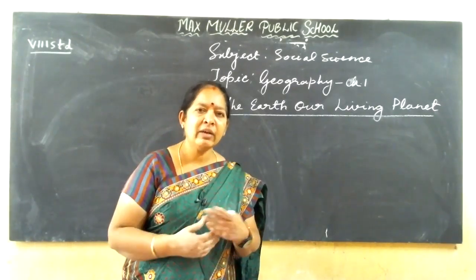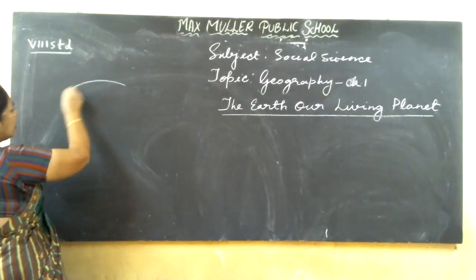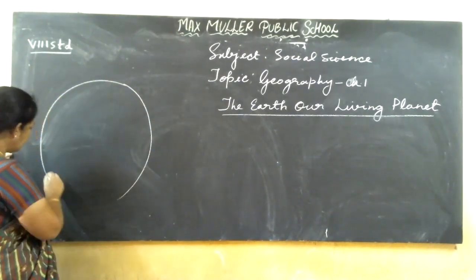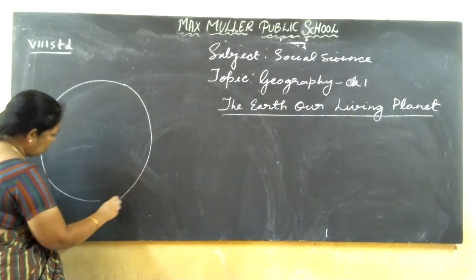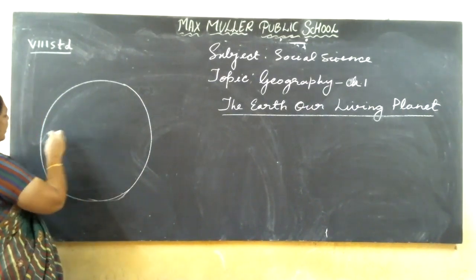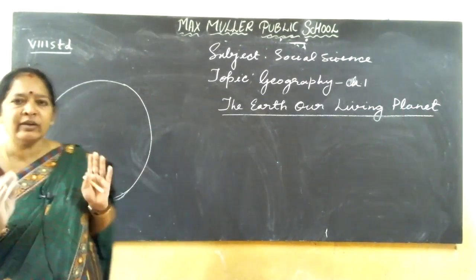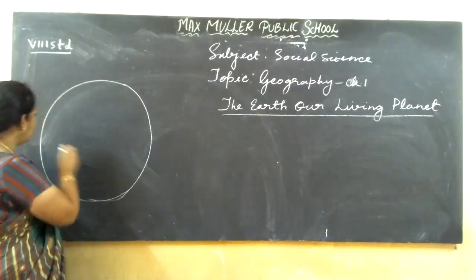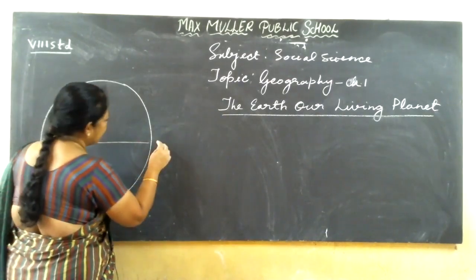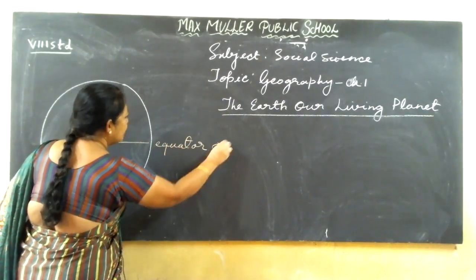Now I was explaining about latitudes. So first, what are latitudes? Latitudes are the imaginary lines which run from east to west. Okay, they are all latitudes. So we have some important latitudes. Which are they? They are the Equator, 0°.